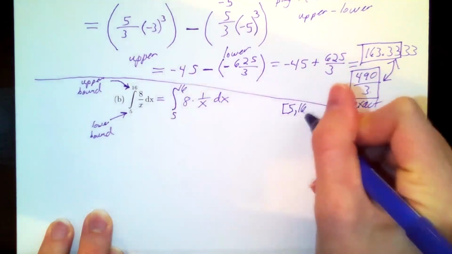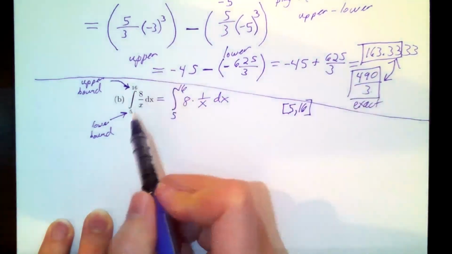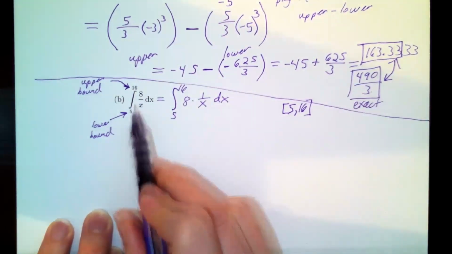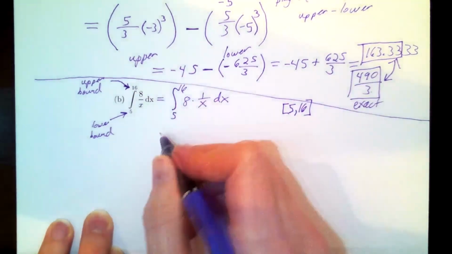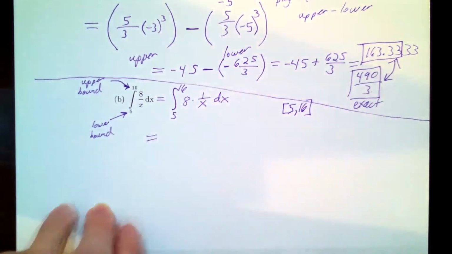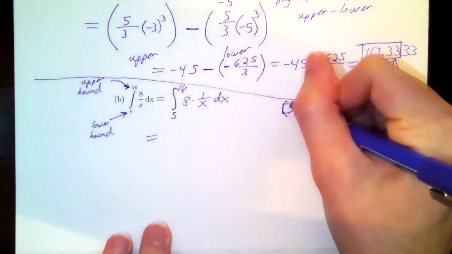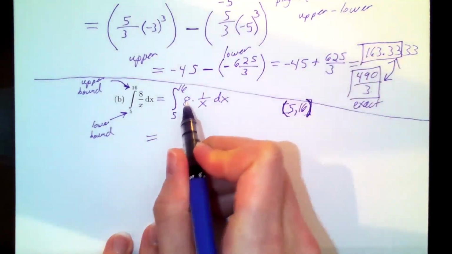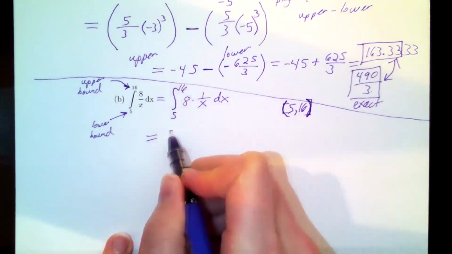That's really what we're doing here. Integrating between 5 and 16. So lower number, upper number. Anyway, let's get back to work. 5 to 16. Let's take this 8 and relocate it outside the integral.